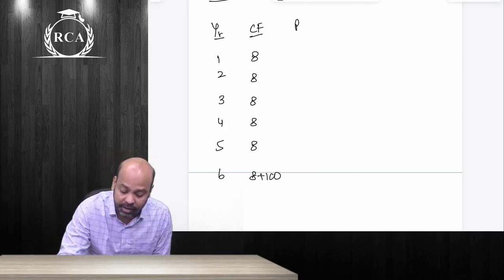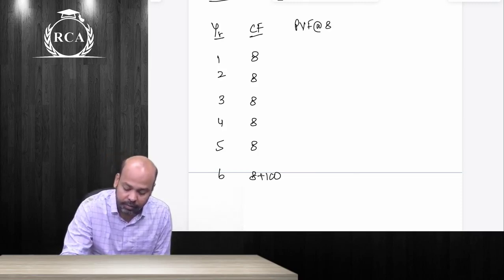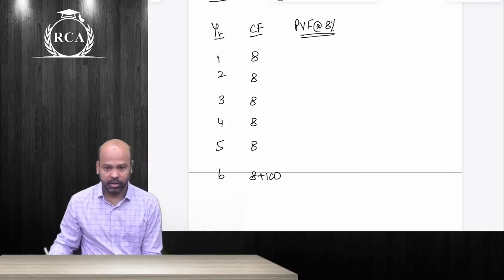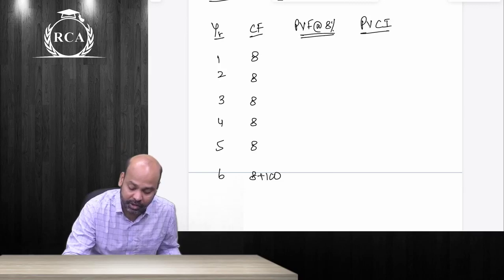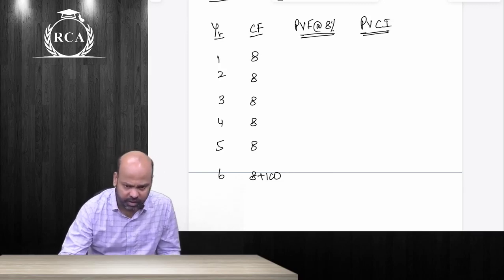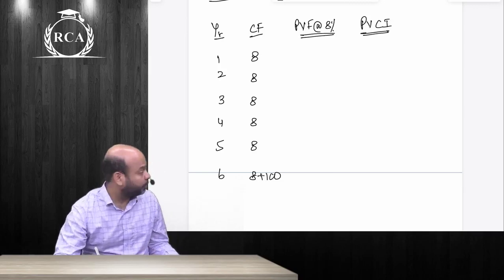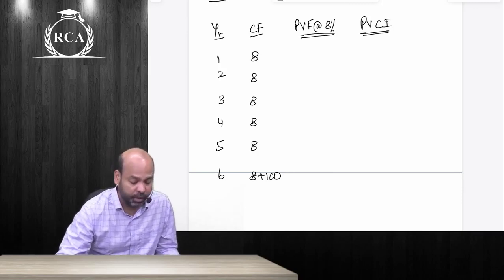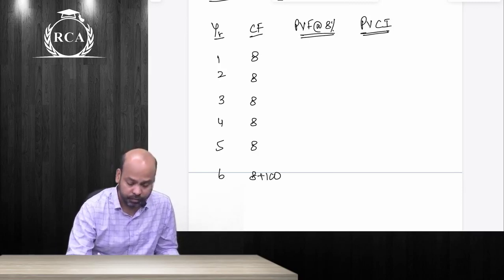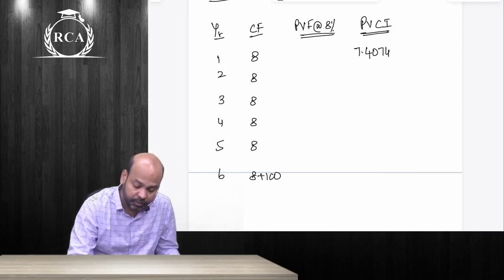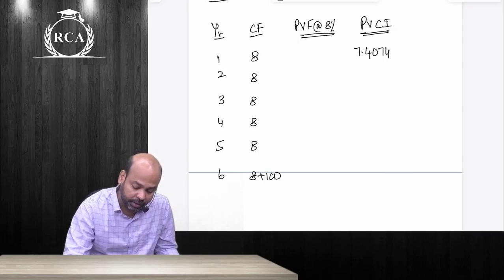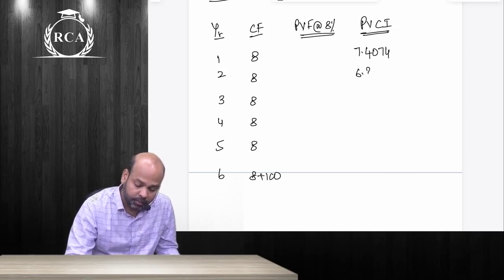Originally, what was the yield? 8%. Can you tell me what are the present value factors at 8%? I want the present value of each and every cash flow here. 7.4074. Next, divided by 1.08. 6.8587.